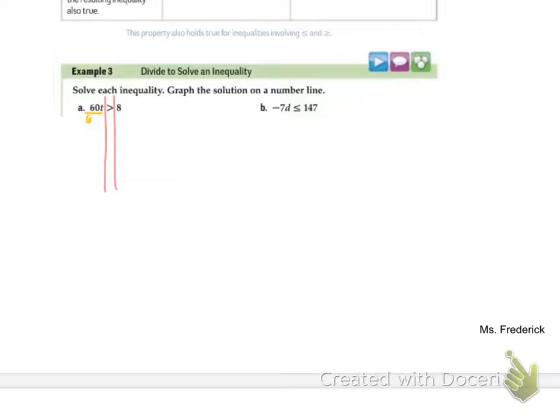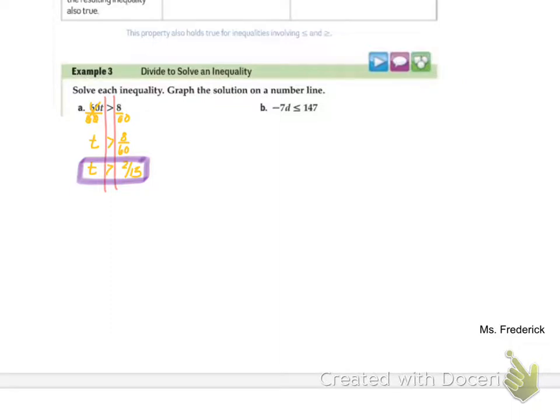If you see that we have 60t is greater than 8, we are going to solve like normal, where we need to divide on both sides by 60. I get t is still greater than 8 over 60, or if we simplify that, 2 over 15.